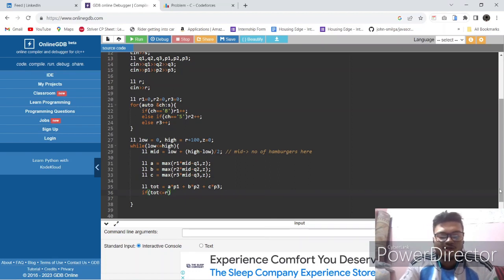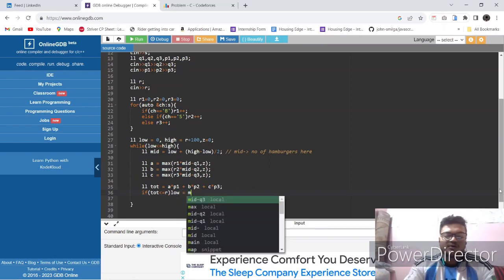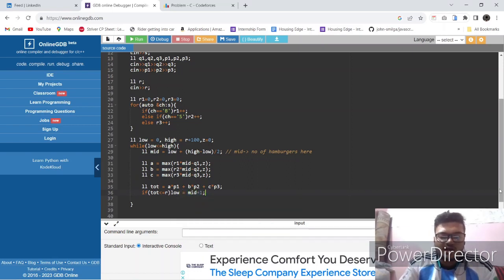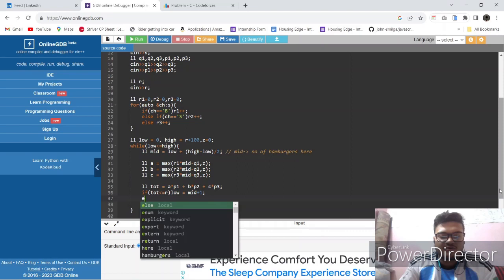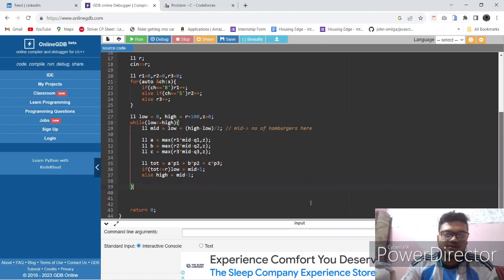What we will do is increment the mid value, so low equals mid plus 1. And if we don't have enough rubles, we will decrement the value, high equals mid minus 1. So here mid will be indicating the hamburgers, right? So what will be the final hamburgers?